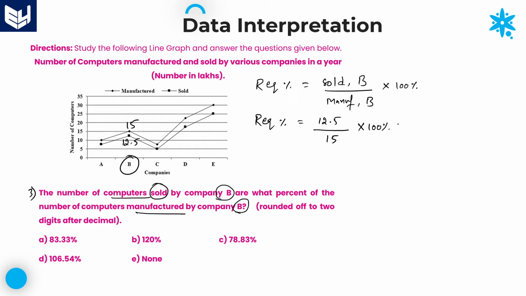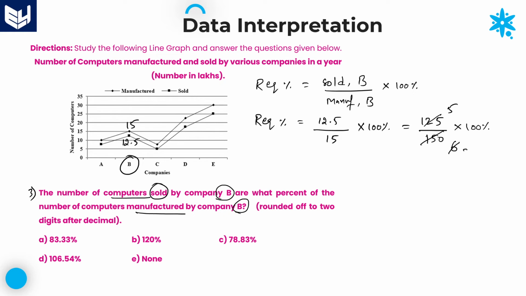Now you just do the calculation. I am writing 12.5 as 125 divided by 150 into 100 percentage. Now cancel with the 5 table. 25 5s are 25, 6 times.